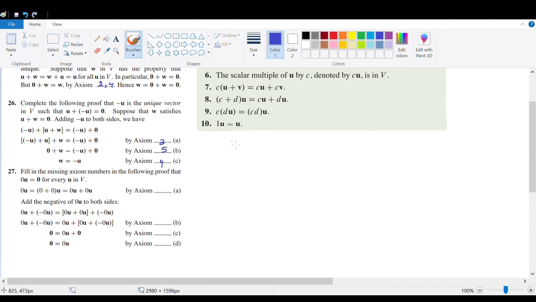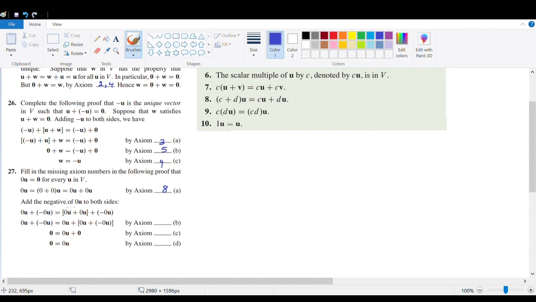If we have C plus D, two constants multiplied by U, the result will be Cu plus Du. Similarly, if we have two constants, both of them 0, multiplied by U, this will give us 0 multiplied by U plus 0 multiplied by U. So this is by axiom number 8.